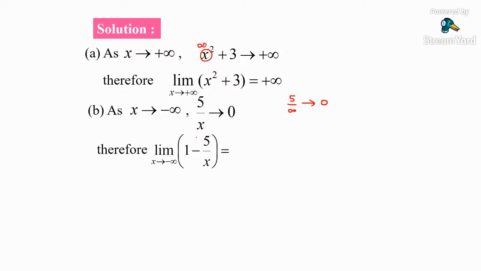If we have the limit as x approaches negative infinity of 1 minus 5 over x, this one will be approaching 0. So that means we are going to get 1 minus 0, so this is simply equal to 1. This is not a plus, it's supposed to be a minus.